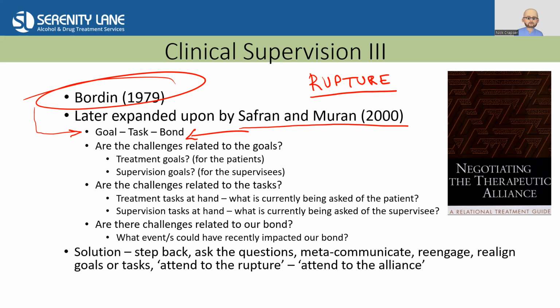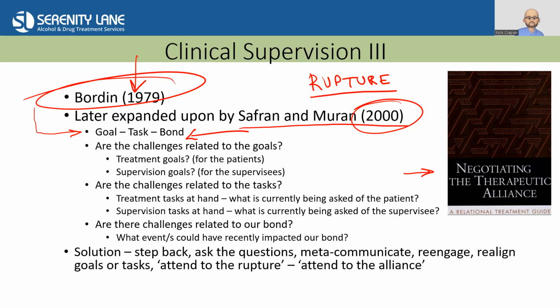So what I'm encouraging you to do is to take a look at that. You don't have to go read the book, but if you chose to, the book is right here. It's called Negotiating the Therapeutic Alliance. It's by Safran and Muran. It was made in 2000. And it gives credit to Bordin in 1979, who initially came up with this goal, task, bond idea.